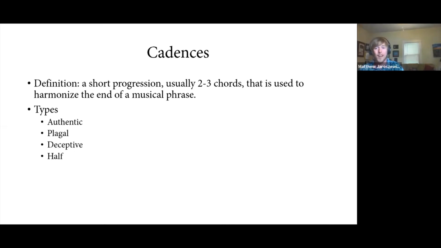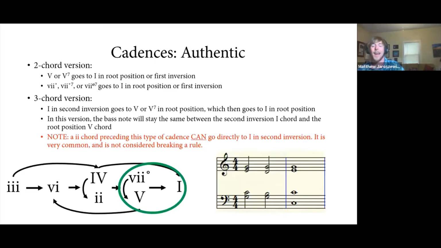The four types of cadences we typically encounter in classical music are the authentic cadence, the plagal cadence, the deceptive cadence, and the half cadence. You may have a good idea what the plagal and deceptive cadences do. If you are thinking along the lines of what we just talked about with the progression flowchart, you're on the right track. Now, let's talk about the other two as well.